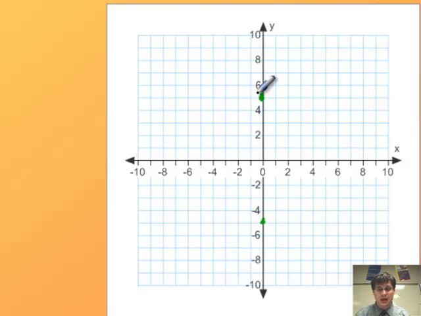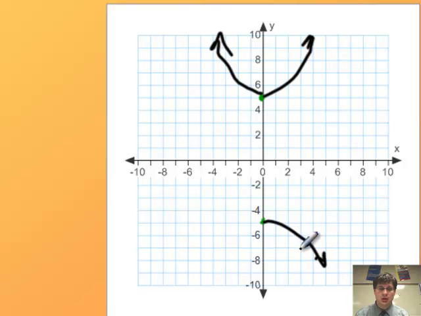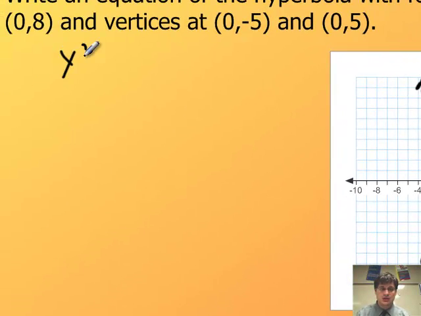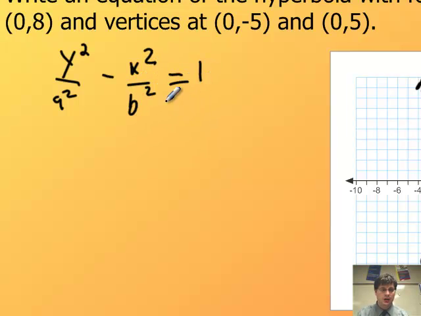So because the vertices are on the y-axis, this is going to be a vertical hyperbola opening up and down, something like that. So that tells us the equation we want to use is going to be y squared over a squared minus x squared over b squared equals 1.